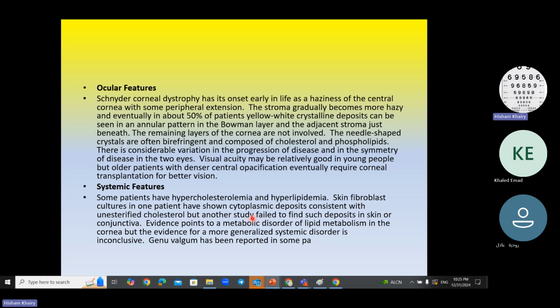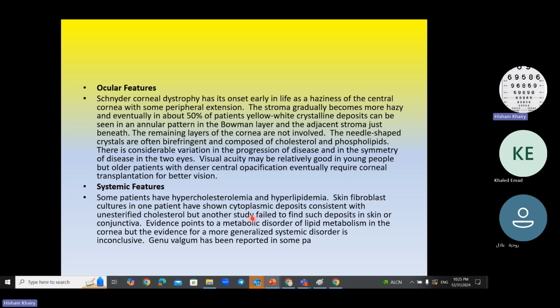Few of the corneal dystrophies may have systemic features. Two of them are lattice type 2, which has systemic amyloidosis, and Schnyder corneal dystrophy with crystalline deposits.